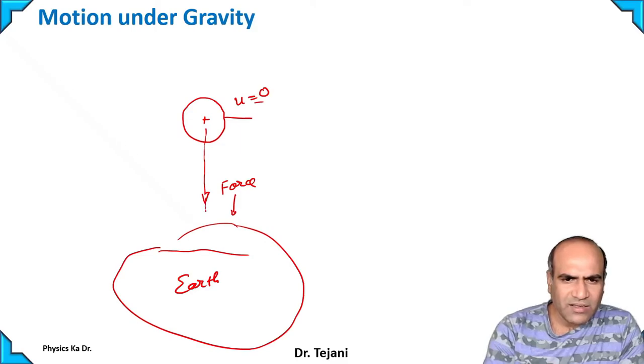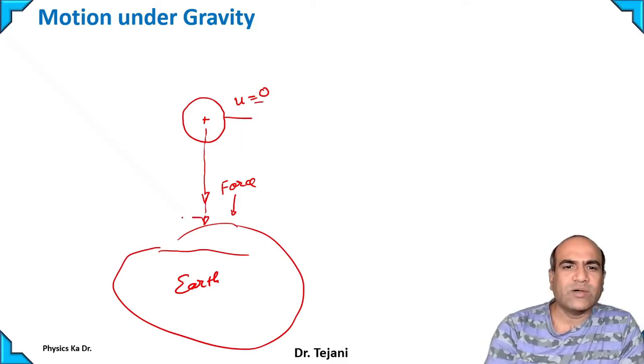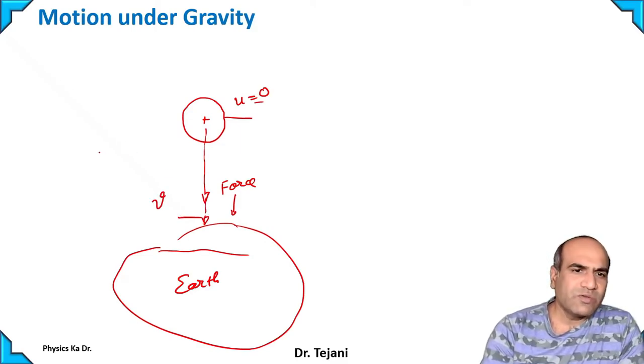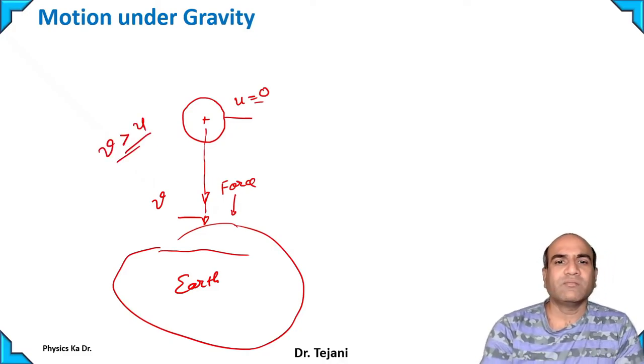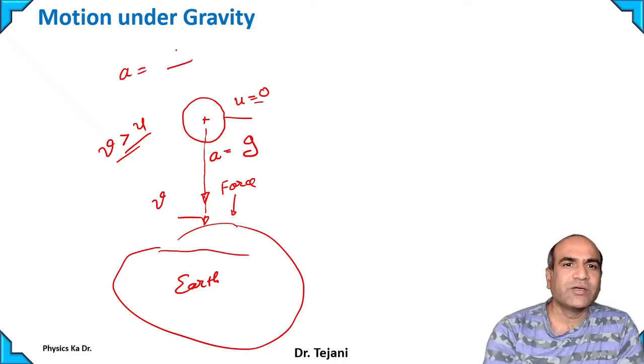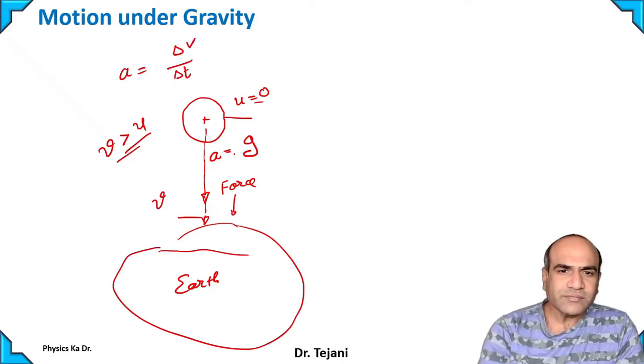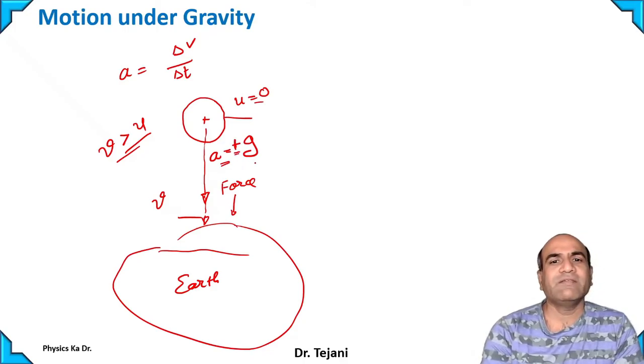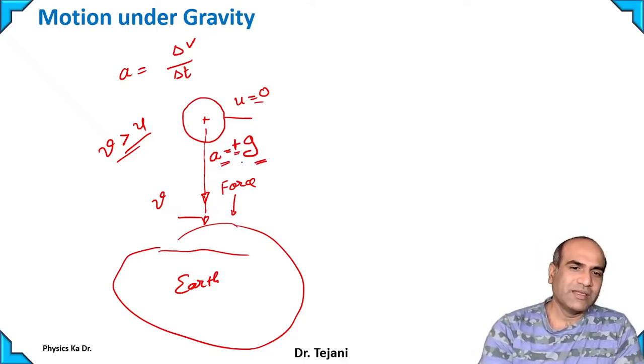And when it strikes the ground, at that time velocity is v. So we know that v is always greater than u when the ball moves in a downward direction. Because of what? Because of gravity. And here the ball accelerates, because we know that acceleration is equal to change of velocity divided by total time, and therefore gravity is adding value, and therefore gravity is to be considered positive.